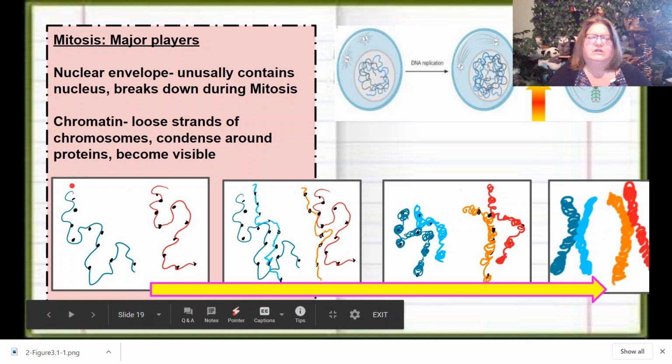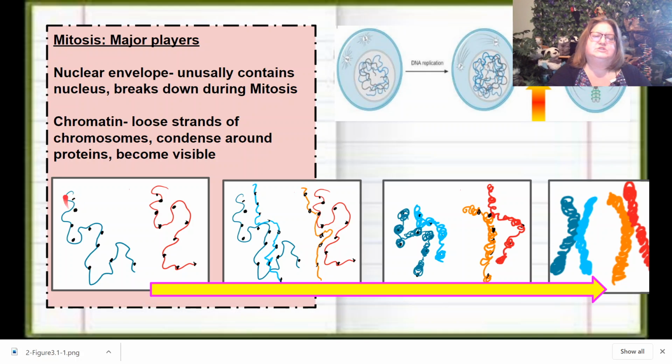They will coil the chromosomes around proteins, and these proteins are called histones. It's like spools of thread, and you're winding up the spool of thread, and you make it nice and thick and shorter. They call it condensing because it's making it shorter.